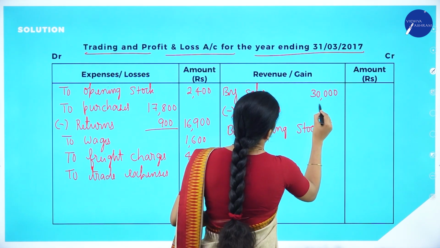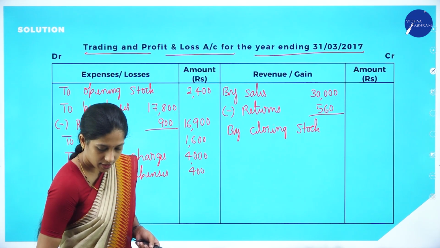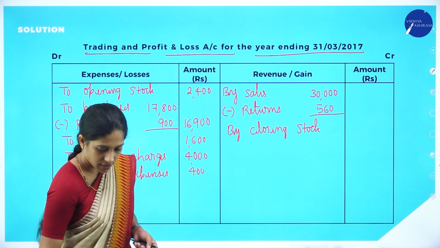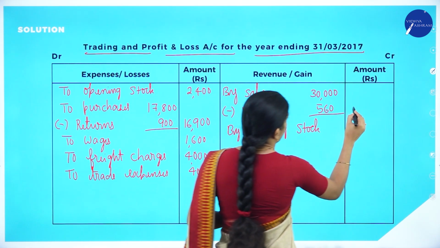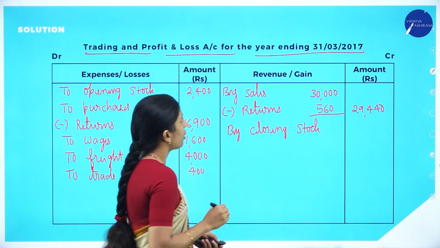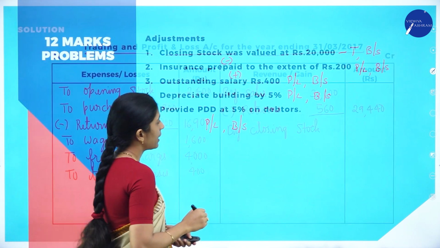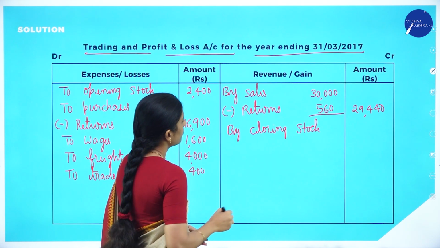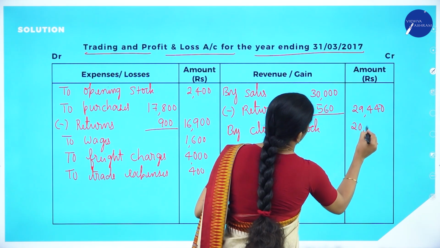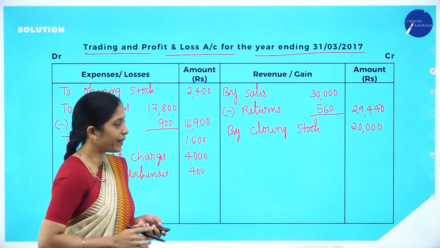Let's see how much it is. 30,000 minus 560, I'll get 29,440. Again closing stock, which is in the adjustment. Closing stock is 20,000.